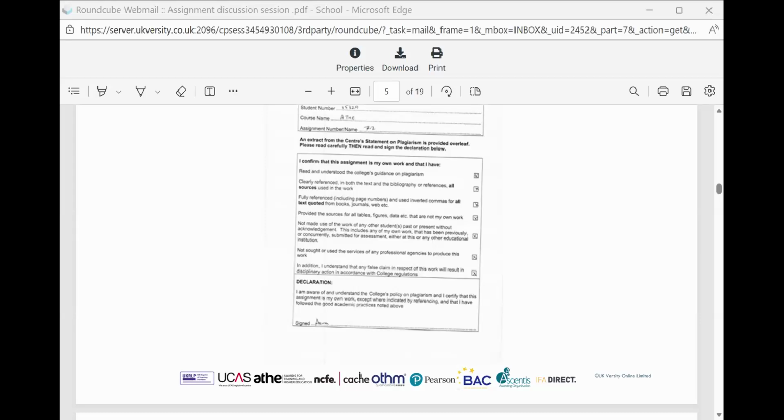When learners work together on an assignment, make sure that it's not colluded. Make sure your assignment is your own assignment, and make sure you're not impersonating any other person as well.